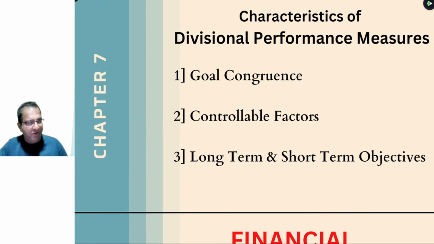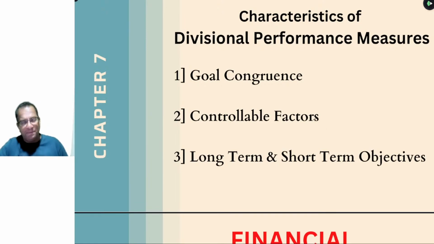So coming back to the point, what do you mean by goal congruence? Please listen very carefully. Whenever a department takes a decision, because autonomy has been given to them, they will take their decision on their own without any approval from the strategic level of management.